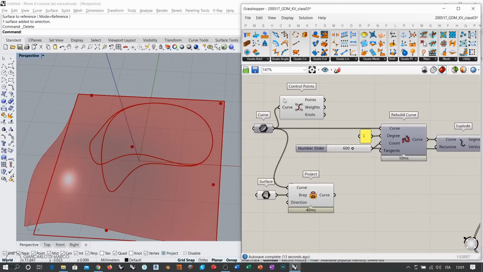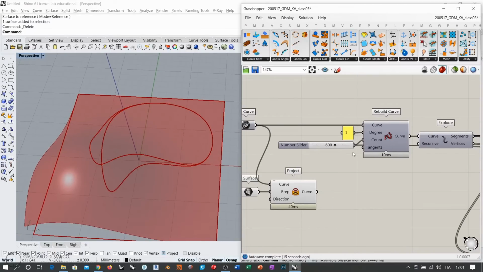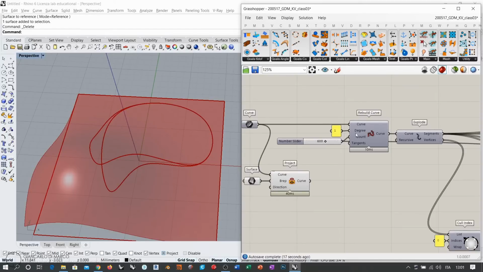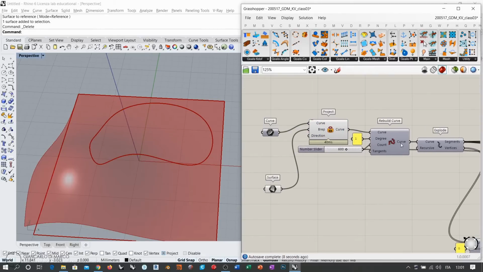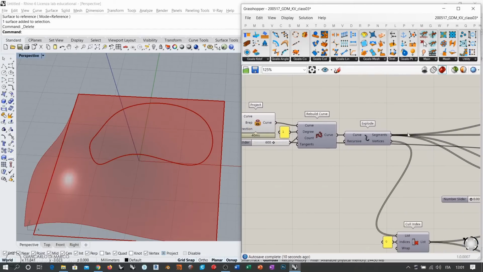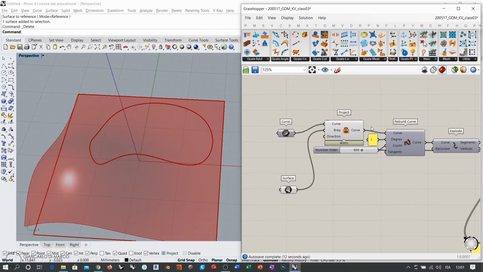Okay. So once you do this, we also have to rebuild this, and rebuilding is not something that is unwanted for us. Actually, not only do we need to rebuild the curve in order to create this behavior, but we can rebuild it in order to regularize its topology.